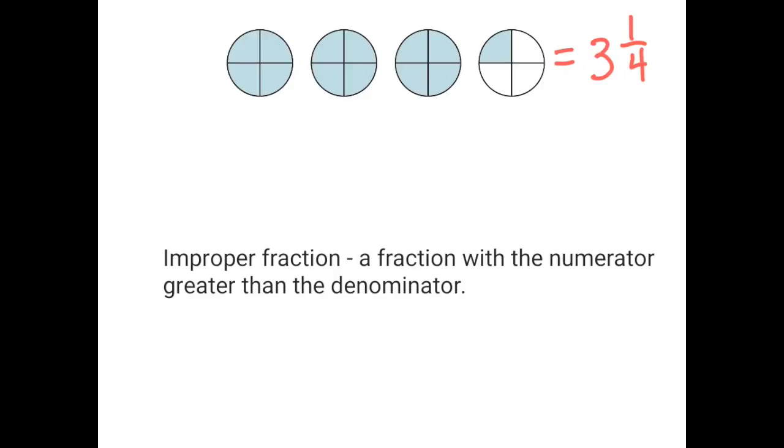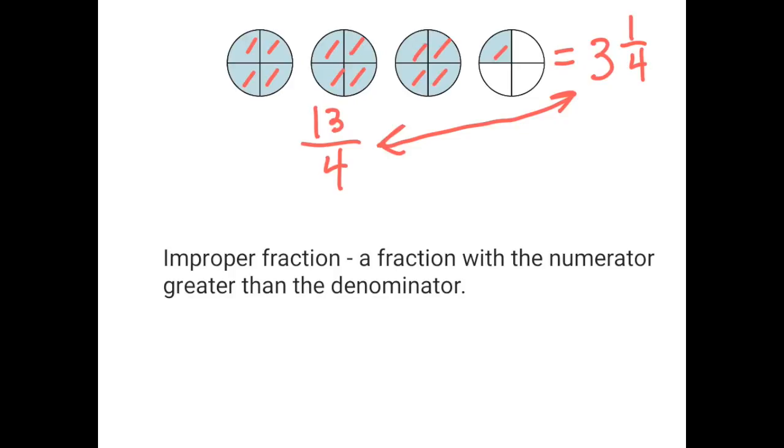So in other words, I have 1, 2, 3, 4, 5, 6, 7, 8, 9, 10, 11, 12, and 13 shaded pieces of these fourths. So I have 13 out of 4 pieces in this diagram that are shaded. That is an improper fraction because an improper fraction is a fraction with a numerator greater than the denominator. Both of these fractions mean the same thing.